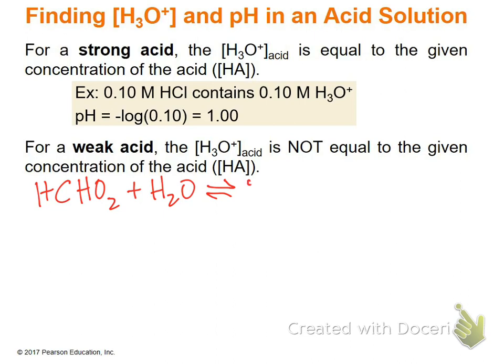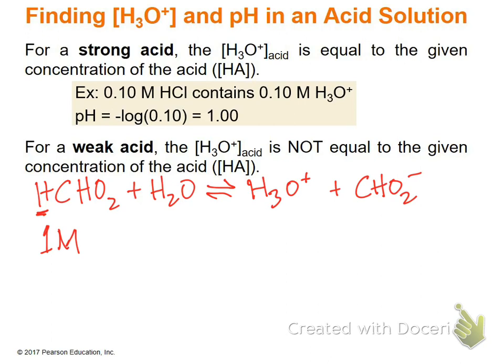You'll get the same products, H3O+ and the conjugate base, which in this case would be CHO2 minus. You just subtract that hydrogen.